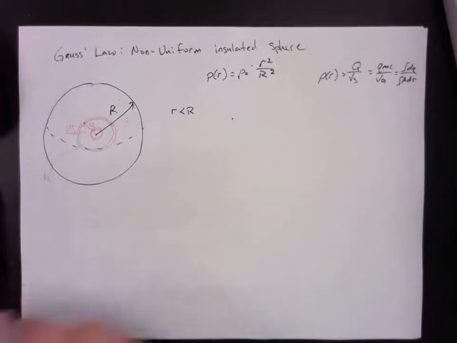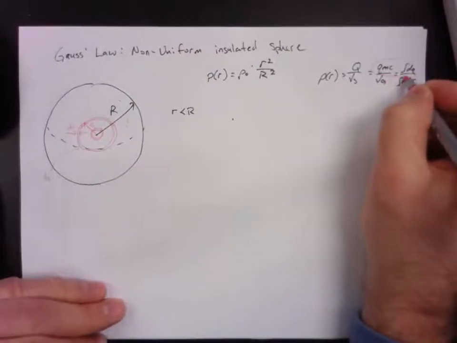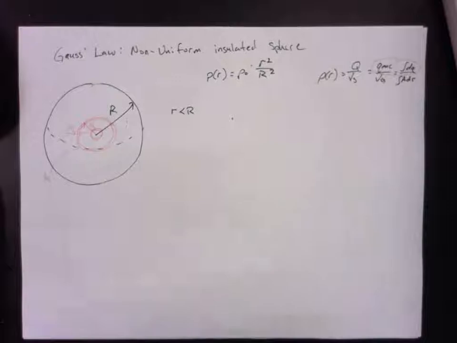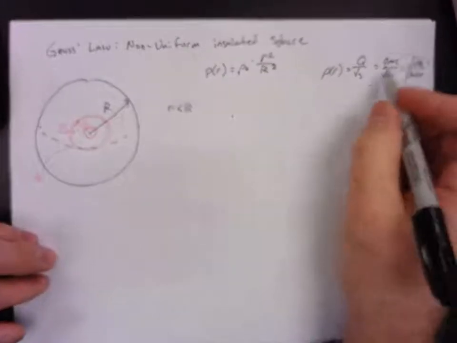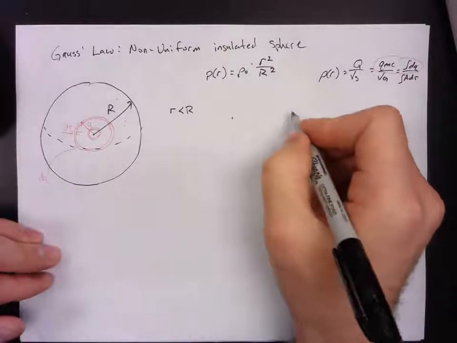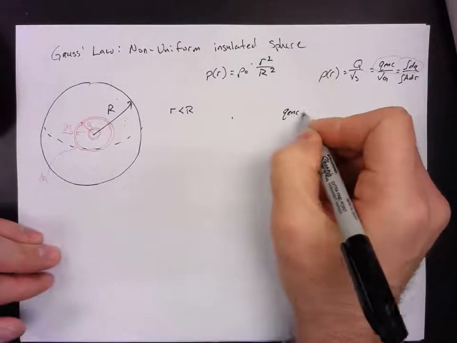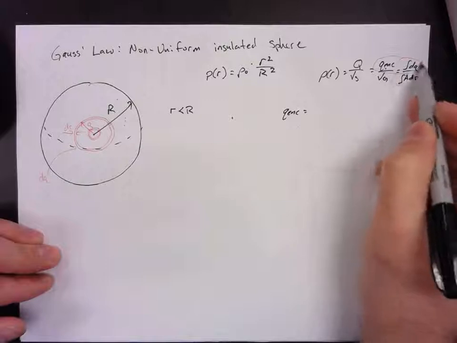So here the amount of charge enclosed is equal to the sum of all the little dq's. So charge enclosed is equal to this.